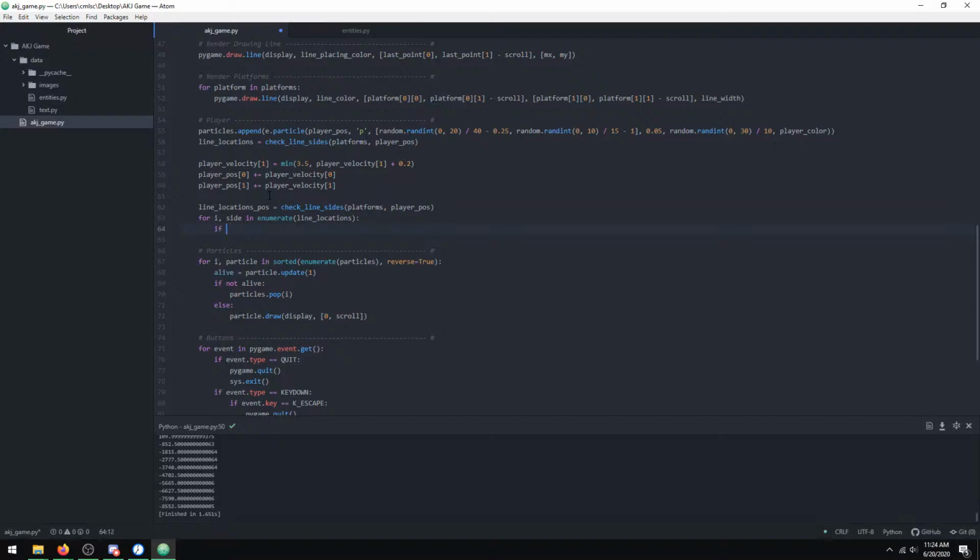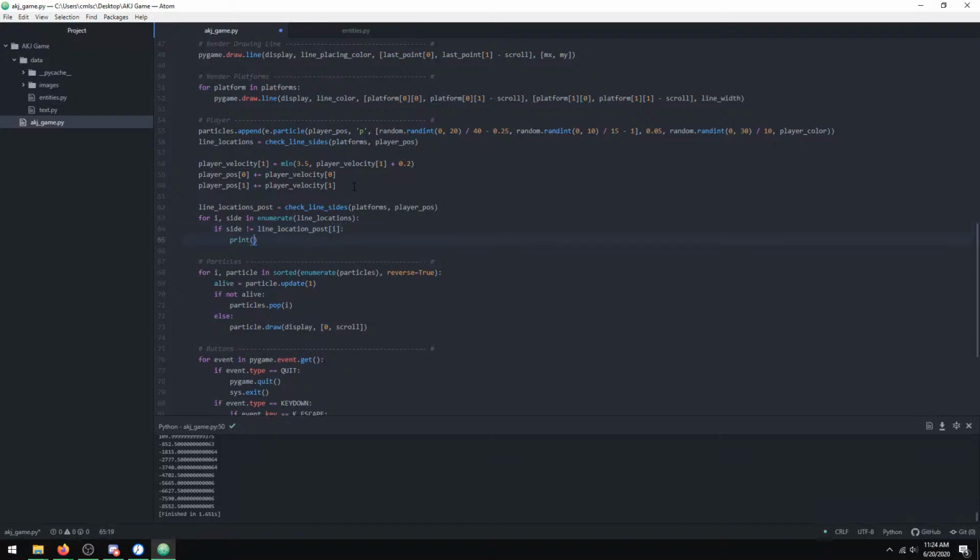If side does not equal line location post, I print change side on line on, I should do this, comma I, and I'm going to do comma side.